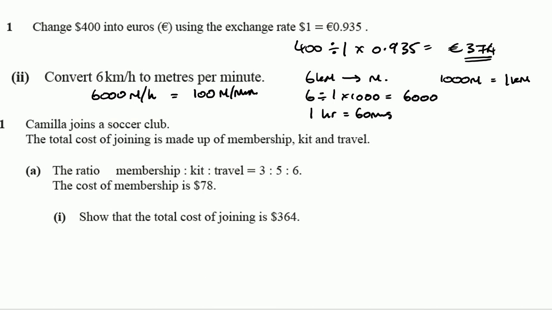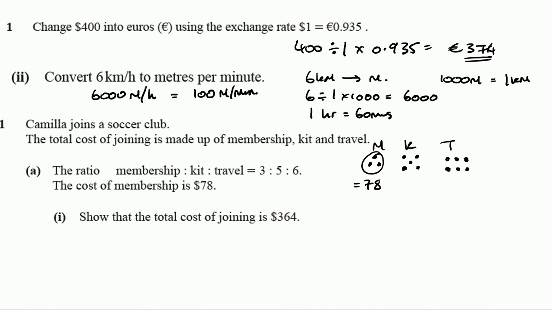Now with any ratios question, we think of these 3 as being 3 little piles, then the 5 is 5 little piles, and the 6 is 6 little piles, represented by these dots. They're going to give me some amount, in this case the cost of membership, which is $78. Now this bit over here is the membership bit, membership, kit, and travel. So these 3 dots are worth $78.